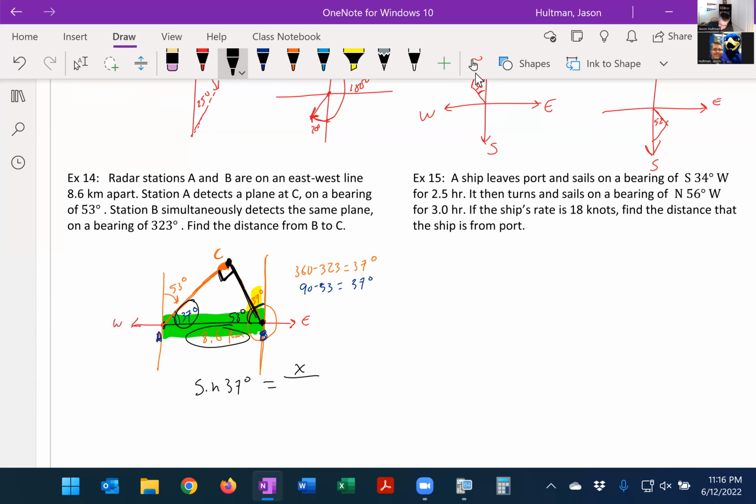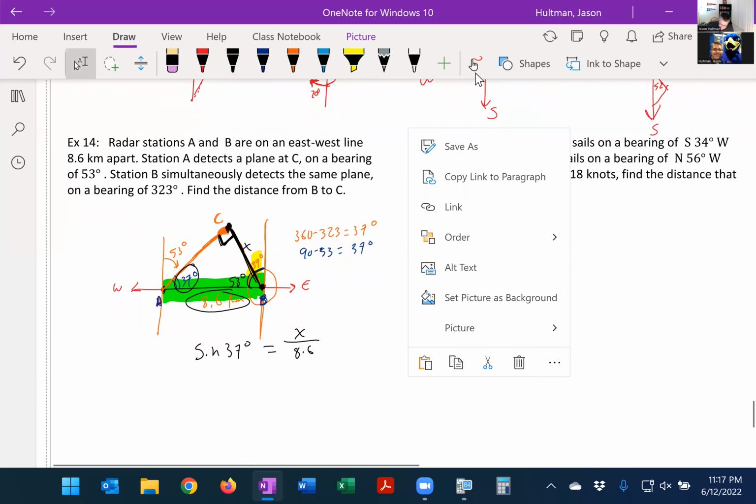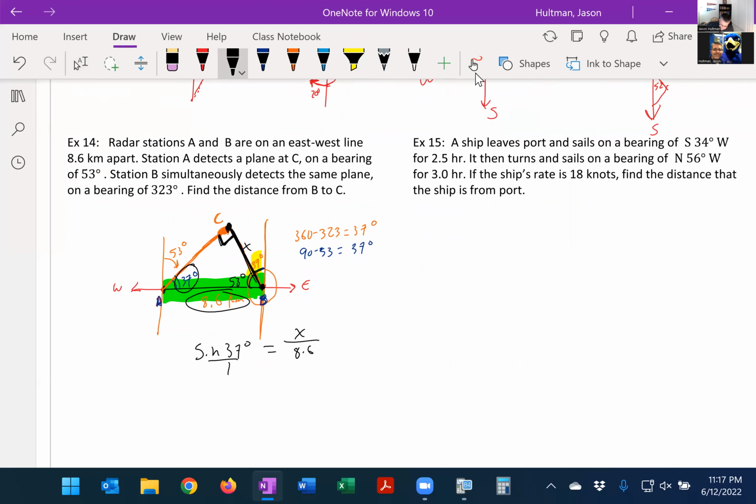You could call it little a too, because it's opposite angle A. It doesn't matter, we'll call this side x, BC. And so it's going to be x over the hypotenuse of 8.6. So now I can cross multiply, and I get x is equal to 8.6 times the sine of 37 degrees.